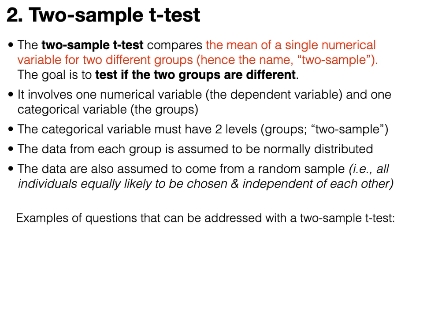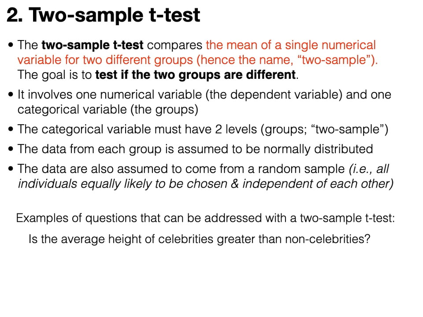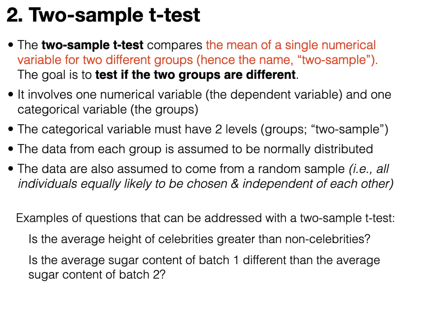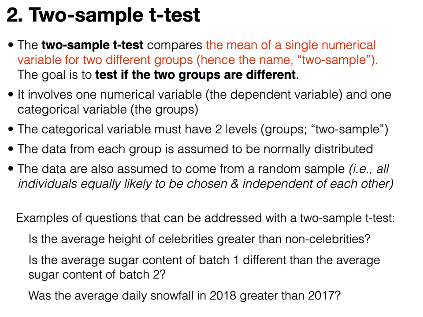So here are some examples of questions that can be addressed with 2-sample t-tests. Is the average height of celebrities greater than the average height of non-celebrities? Is the average sugar content of batch 1 different than the average sugar content of batch 2? Was the average daily snowfall in 2018 greater than the average daily snowfall in 2017?